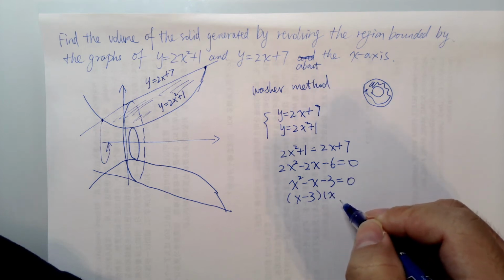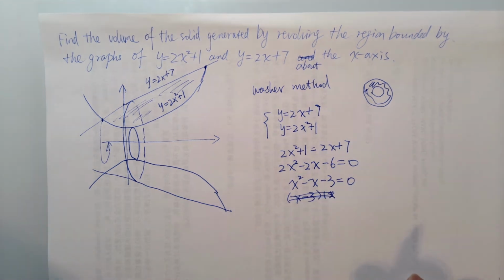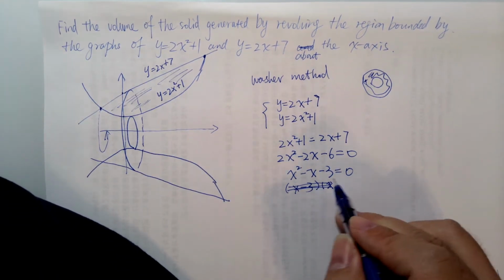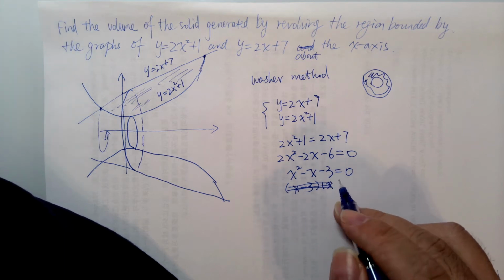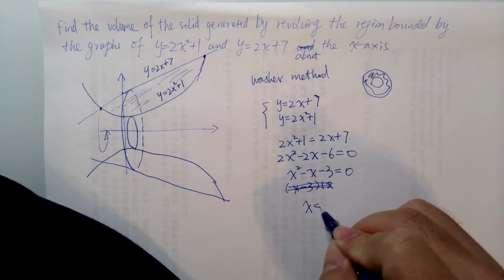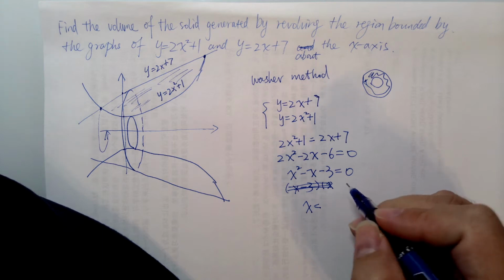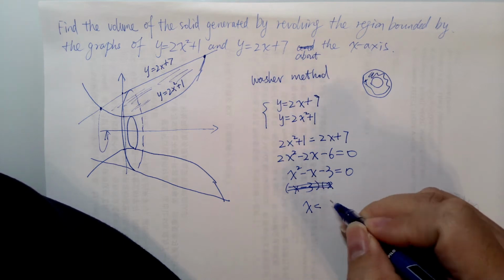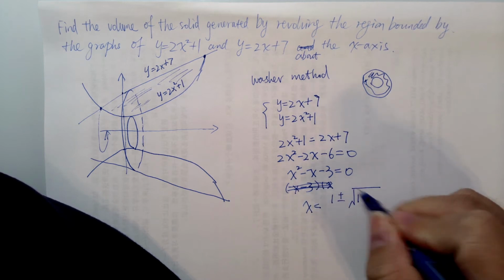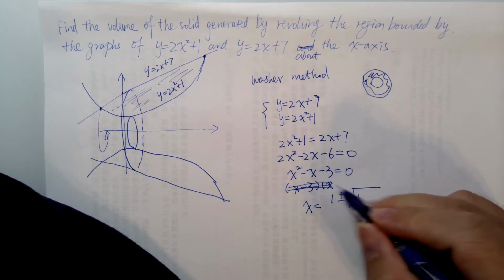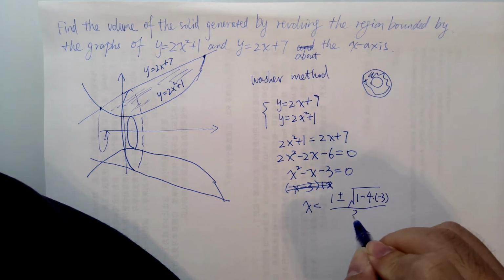Yeah, it turns out that in this problem, this cannot be factored, right? Because you only have two choices here. So what we should do is just use the quadratic formula. It's negative b, so it's 1 plus or minus the square root of b squared, which is 1, minus 4ac. So it's minus 4 times negative 3, and then over 2a.